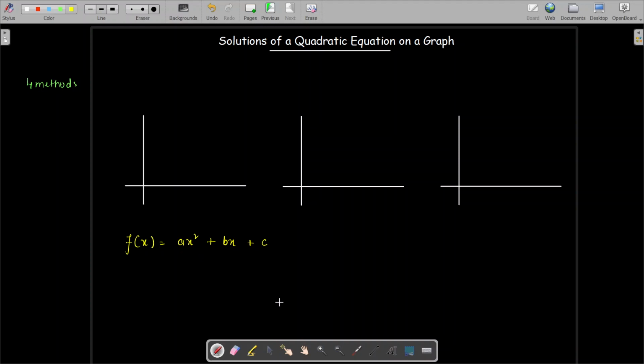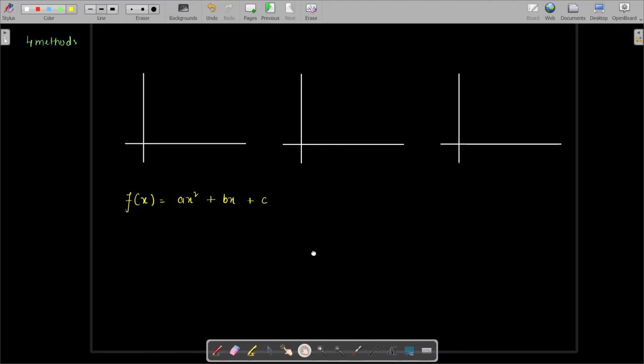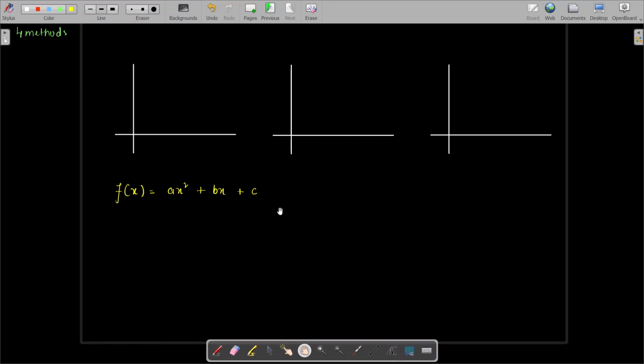The shape of this function is a very special curve. It's called a parabola. You might have heard of this term, or you might have seen the shape of the parabola. It looks like this. It goes infinitely in both the directions. This is the graph of a parabola.